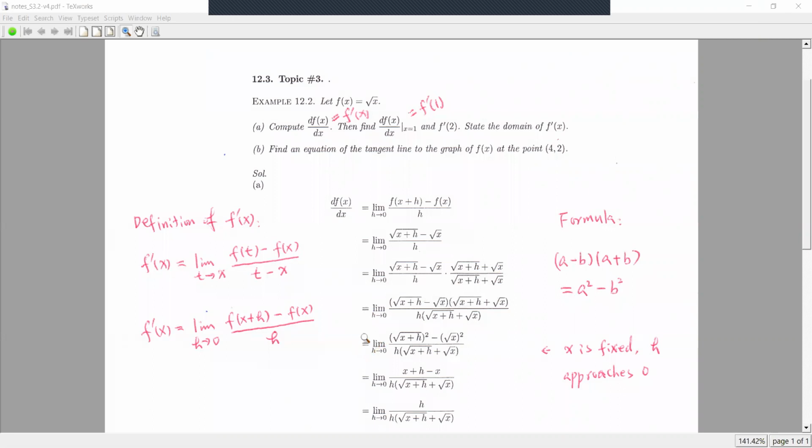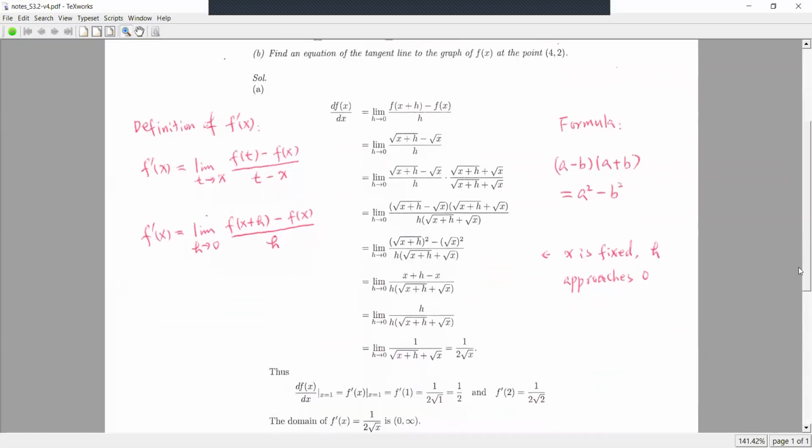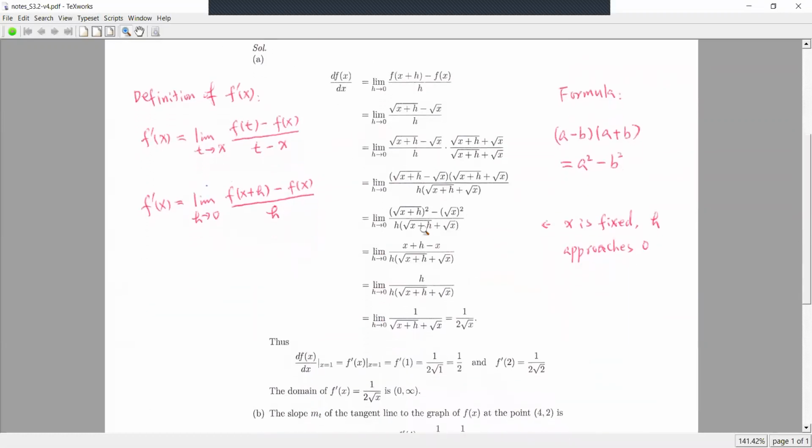I then get this equation. Cancel the square root and square, the square root and the square. I have this equation. Cancel x, then cancel h.